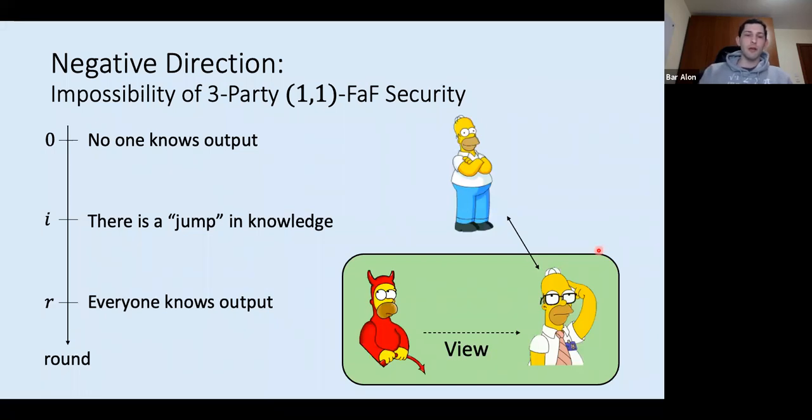So we need to construct a functionality, a very specific function, very carefully, so that this attack will actually work. Because sometimes this jump, when it occurs, it's actually fine. It's not always a bad thing that cannot be simulated.